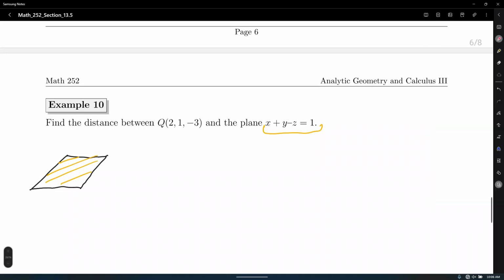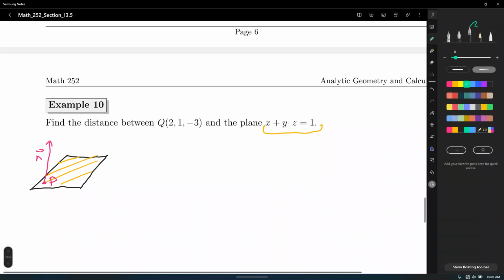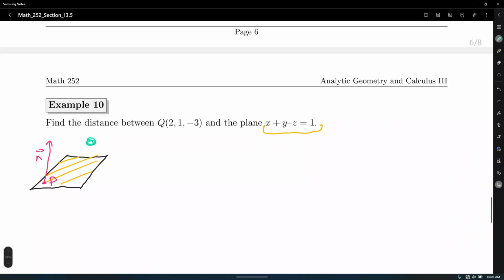So we have this plane with a normal vector, call it n, that contains a point P. We're given another point Q that's not on the plane, for which we're going to find its distance right here. But we need to define the vector PQ. How do we get that vector PQ?